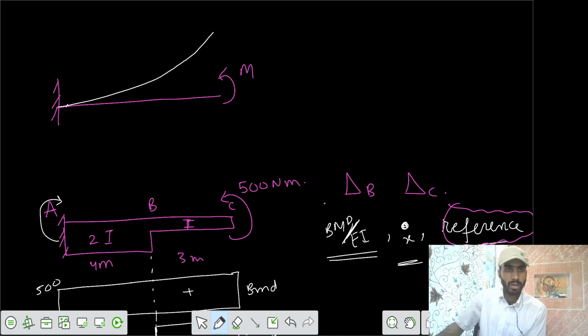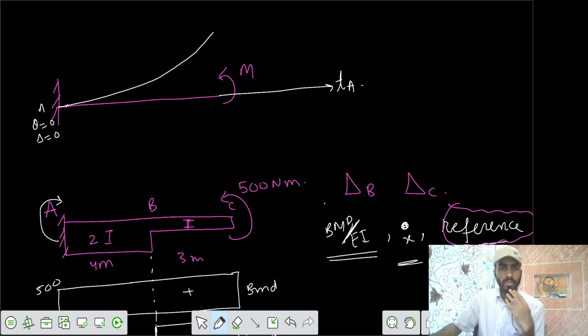Here we know that at point A, theta is 0 and delta is 0. So can we take it as a reference point? Yes, we can take it as a reference point. If we draw a tangent from A, then this is point B, here the delta should be delta B, and at point C it should be delta C. Once you draw a tangent from A, we can use the moment area method.